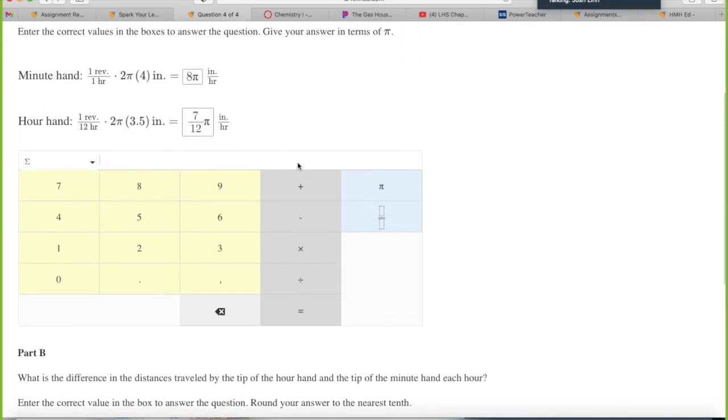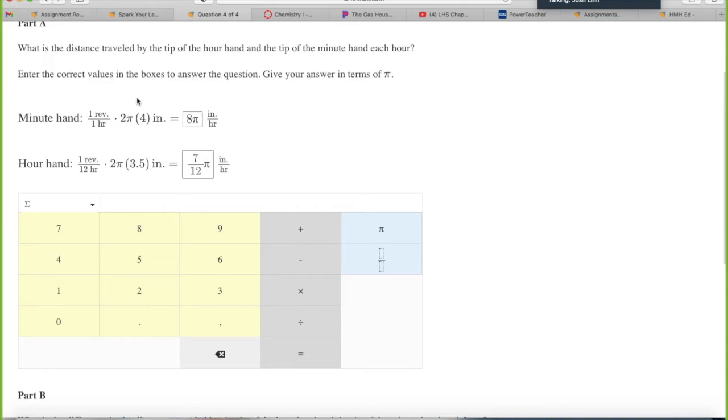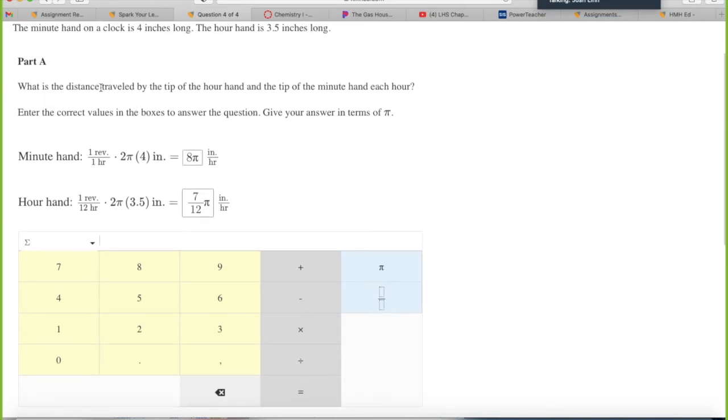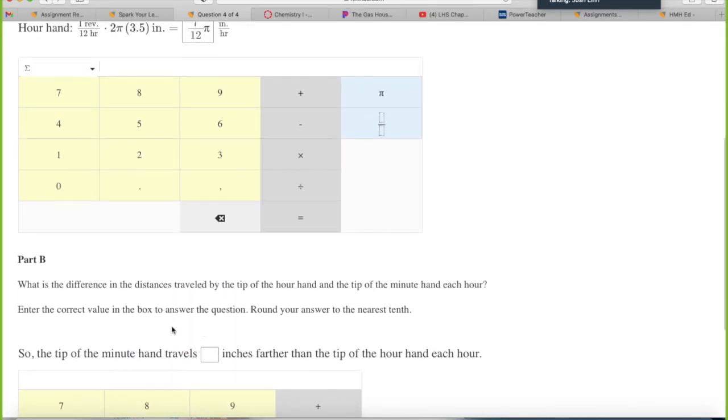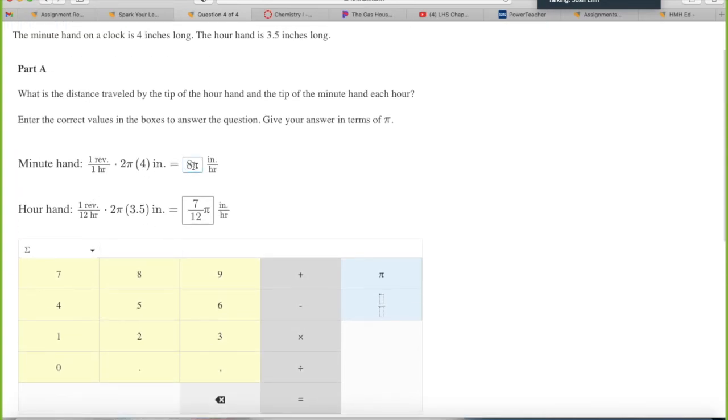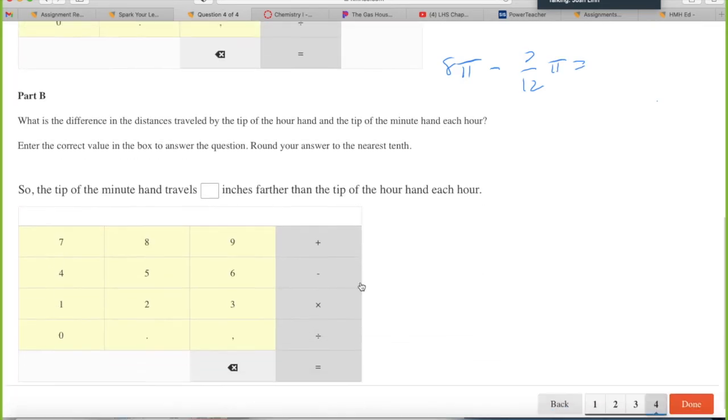So we need to figure out, the tip of the minute hand, so we've got our minute hand right here, so we're just going to take 8 pi minus 7 over 12 pi equals, or is it?